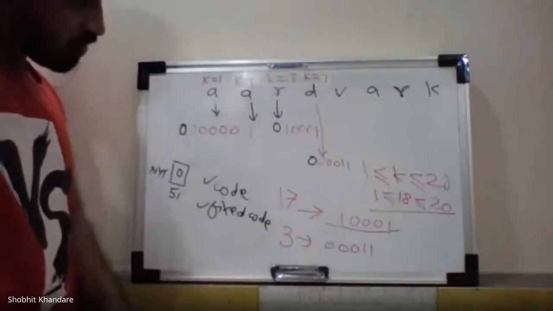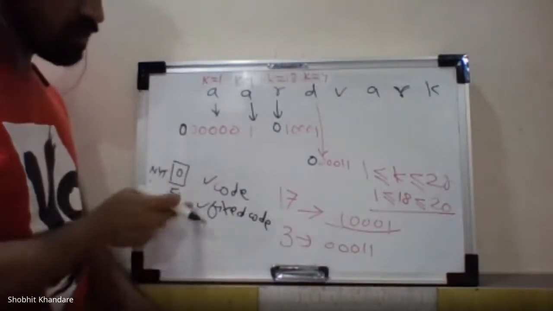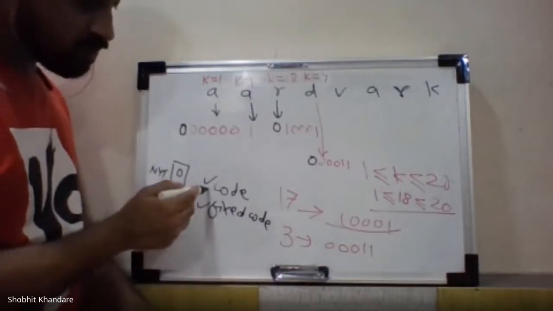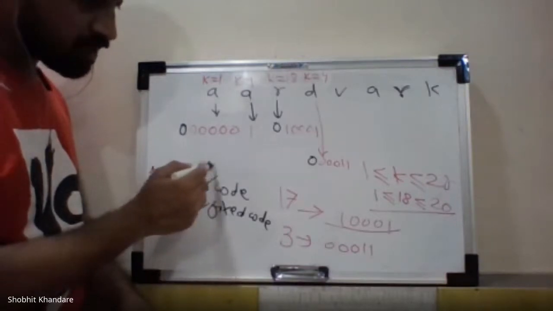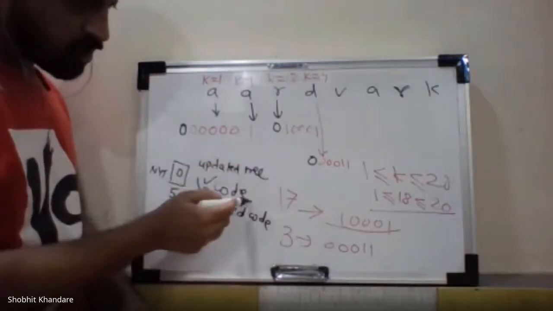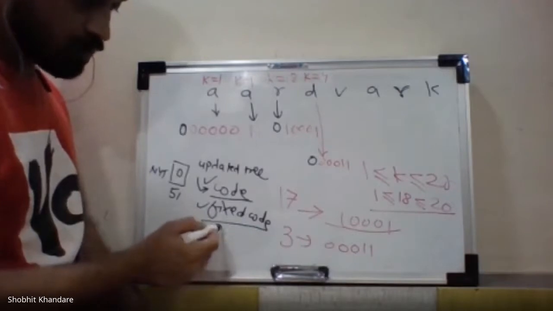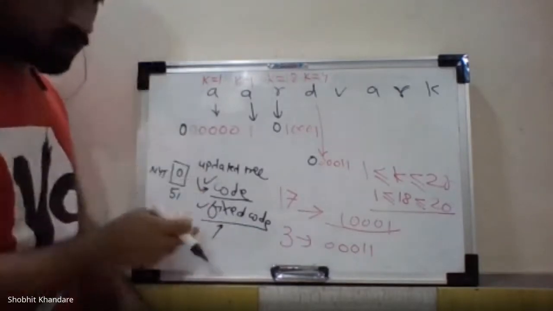Yesterday there were two mails regarding the difference between the code and the fixed code. Whenever you want to write down the code, you have to refer to the updated tree. And whenever you want to write down the fixed code, you have to refer to the steps to get the fixed code.